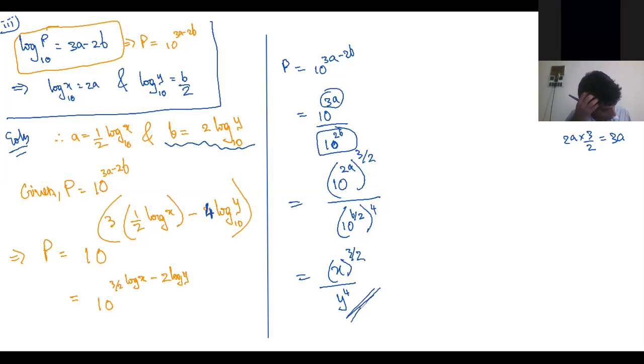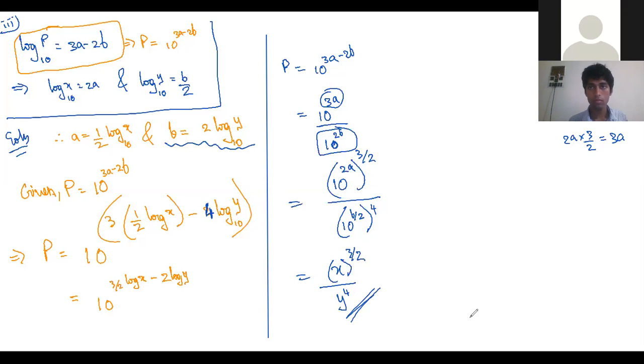Does anyone have any doubt? Clear? So can you explain the denominator, how the denominator changed?